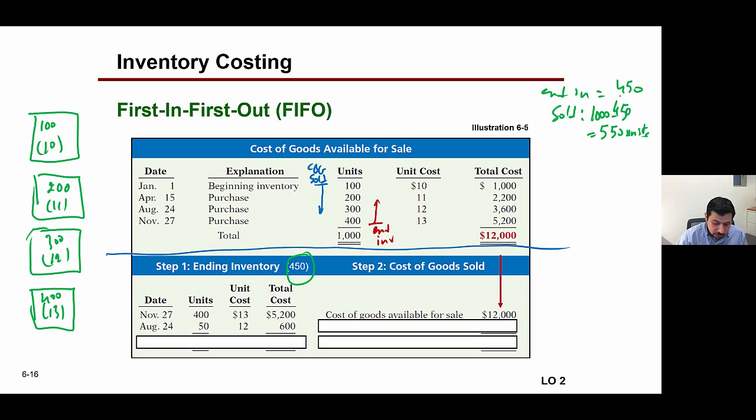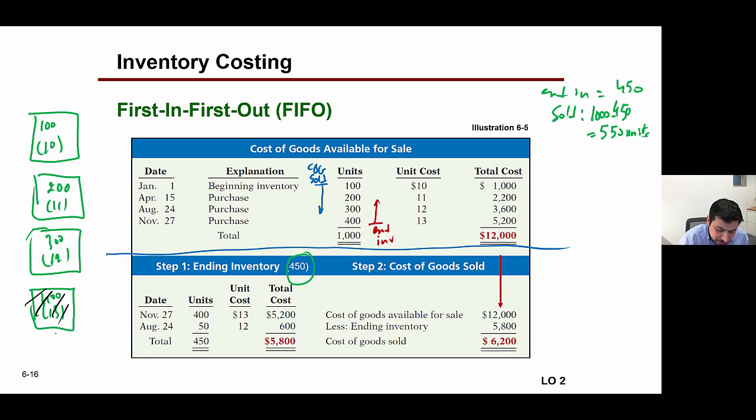So for the ending inventory, we will start from this one here. Basically you need 450. So you take those 400, and we still need 50. We take 50 from this bucket.